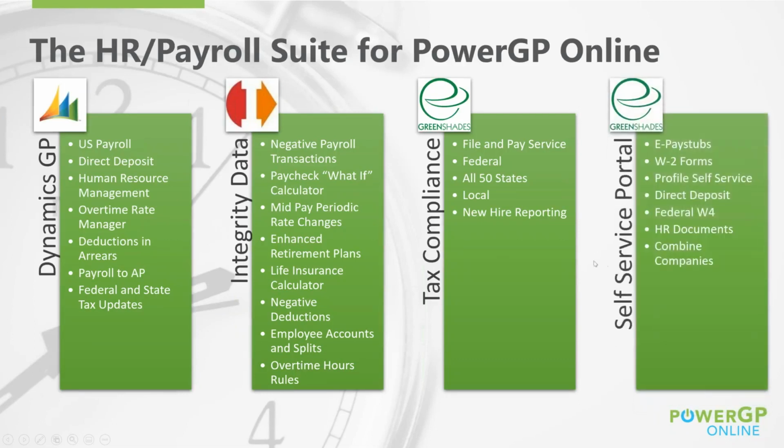We've also included some of the GreenShades portal and tax compliance modules as well. And those are, again, bundled in. These are on a per employee price, but we do bundle all of this together to really get you that full payroll suite, including the self-service type portal that your customers are going to want. So some really nice stuff, especially for those who are heavy payroll users to bring this all into one place. So certainly something to start taking a look at.